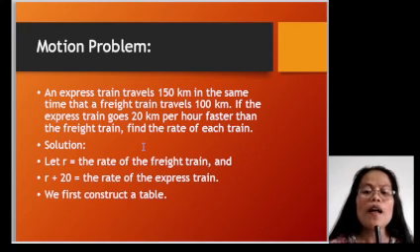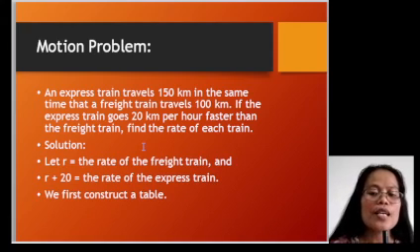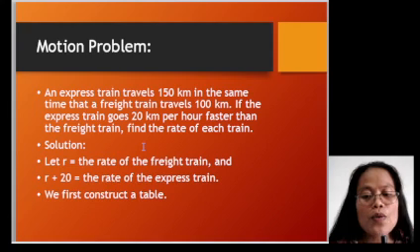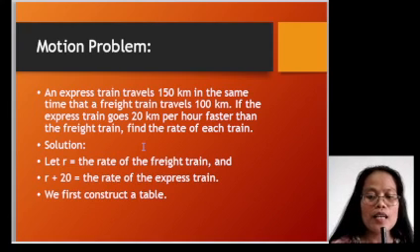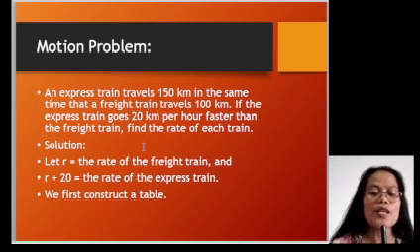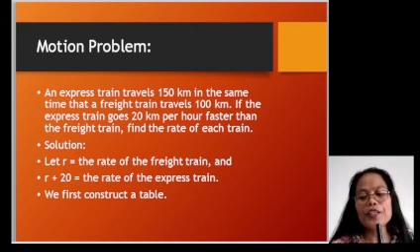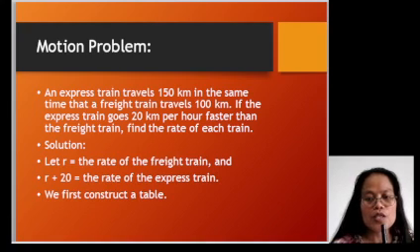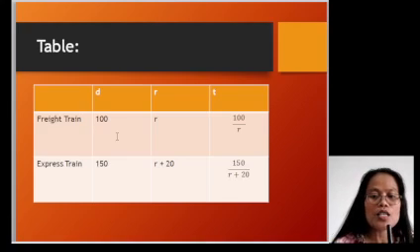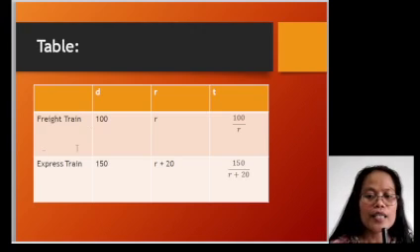So mauna, if R is the rate of the freight train, we need to add 20 as the rate of the express train. And we first construct a table so that it will be easy for us to understand.